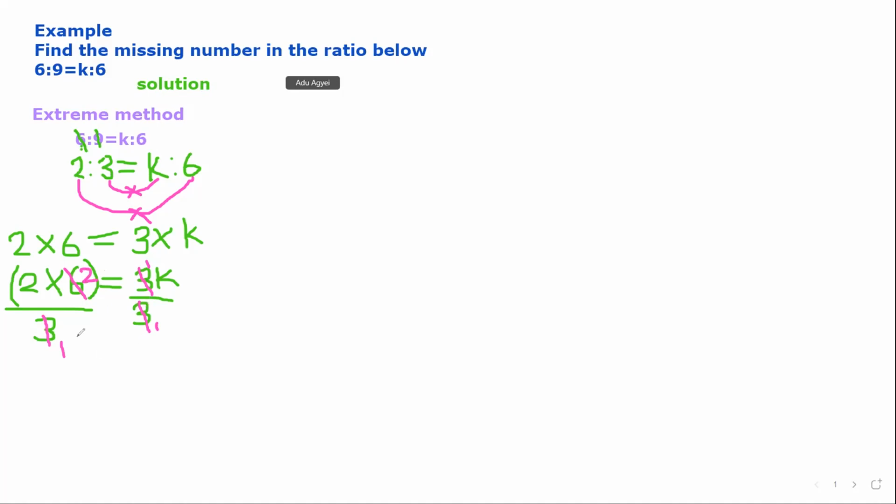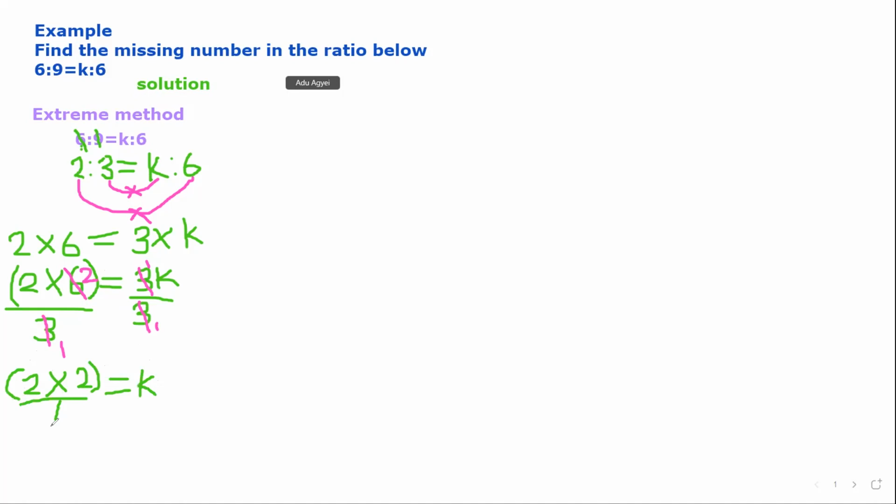Now with this, what is left in the bracket here is 2 times 2 in the bracket here all over 1 is equal to, this time k is free, equal to k.